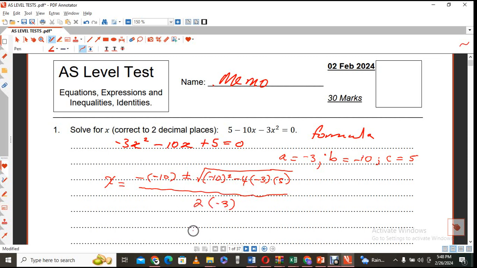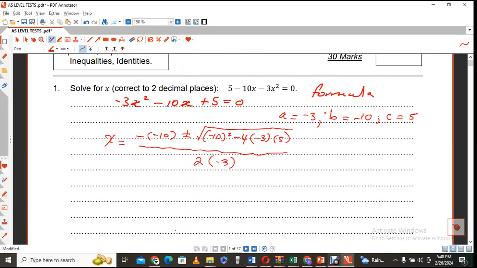At the end of the day, if you punch this in on your calculator, you would get that x would be 10 plus or minus the square root of 160 all over -6.